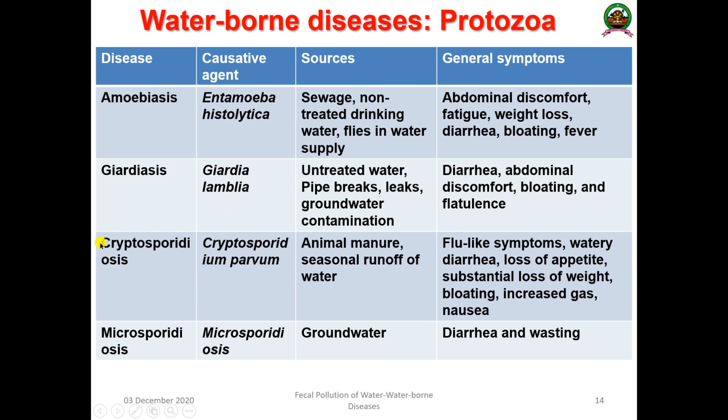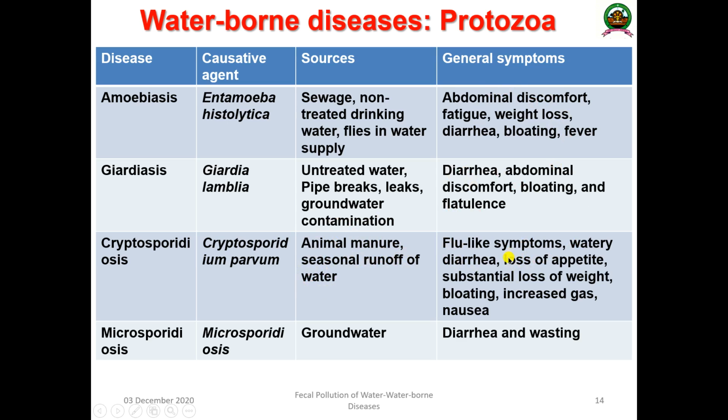The next one is cryptosporidiosis. The causative organism is Cryptosporidium parvum. The sources are animal manure and seasonal runoff of water.